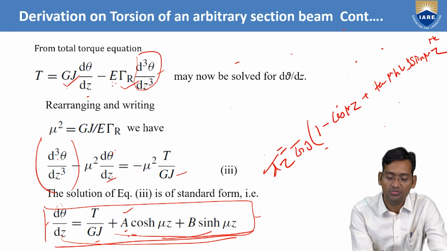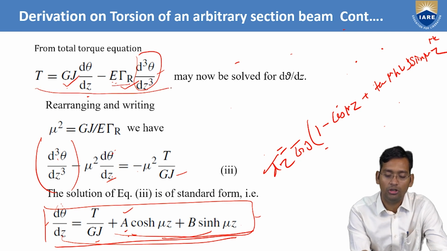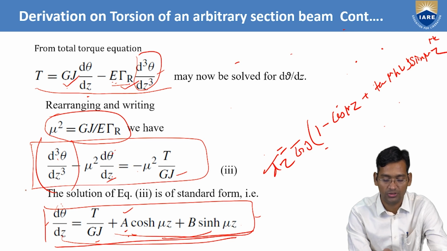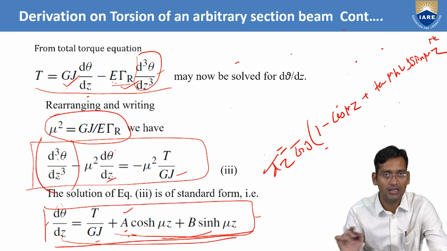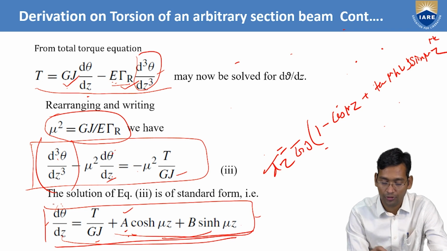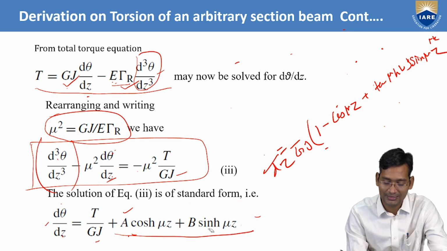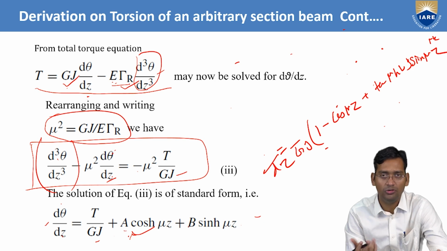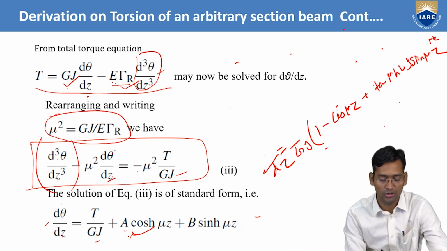So we divide all three terms by E tau r and put μ² equals GJ by E tau r. After doing that we got this equation, which is a differential equation of cubic power. For that we will get dθ by dz equals this term. Once we know the A and B values, that's all, we will get the rate of twist.